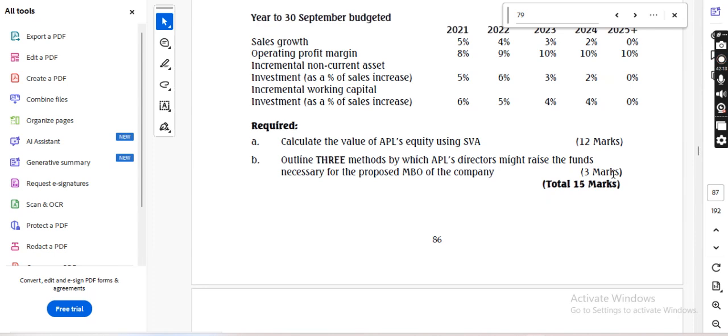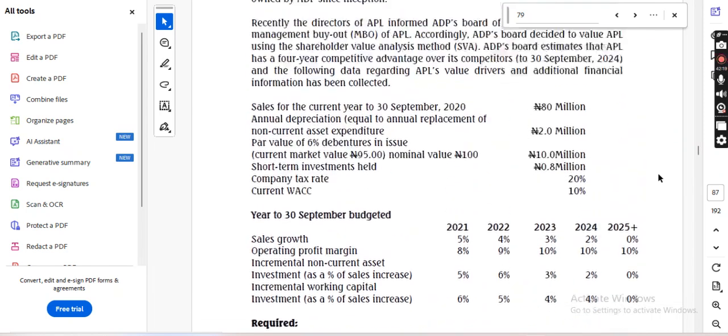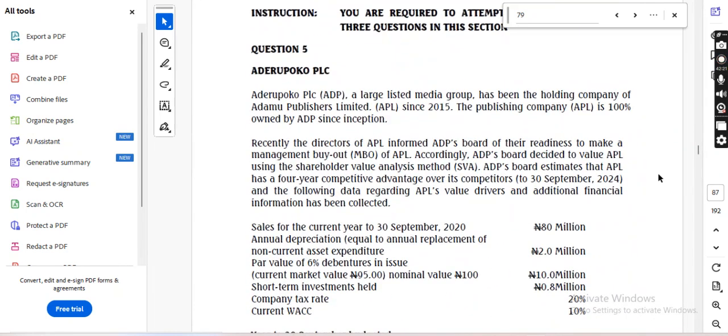So the question: Aderupoko PLC, a large listed media group, has been the holding company of Adamu Publishers Limited since 2015. The publishing company is 100% owned by ADP since inception.